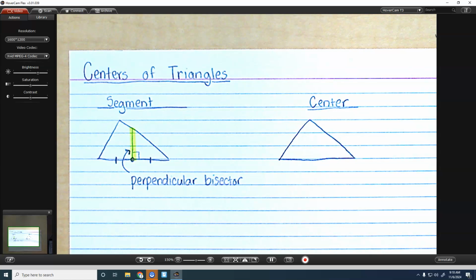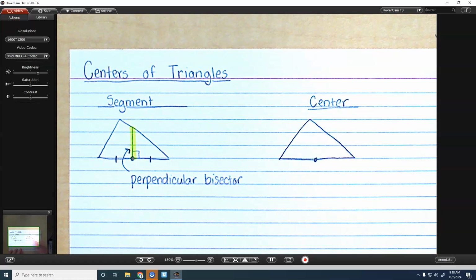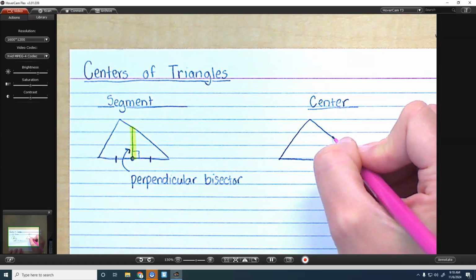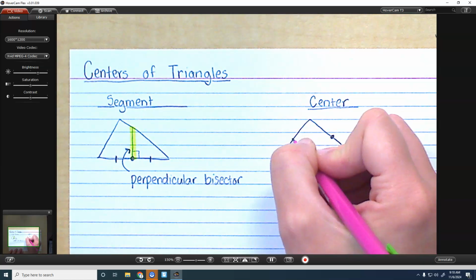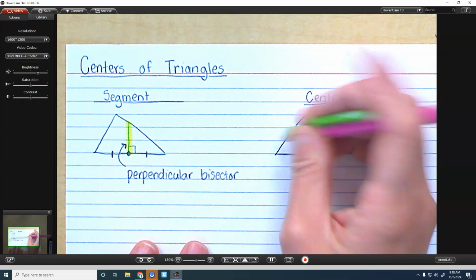And if we want to draw the circumcenter, we need to find the midpoint of all of the sides, right? So about right here, the middle of that side. I'd say about right here is the middle of that side. About right here. Might be off a little on that. That might be good.